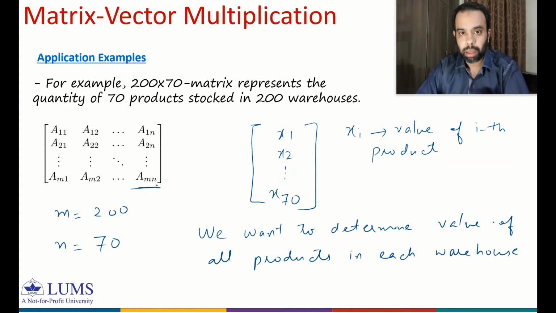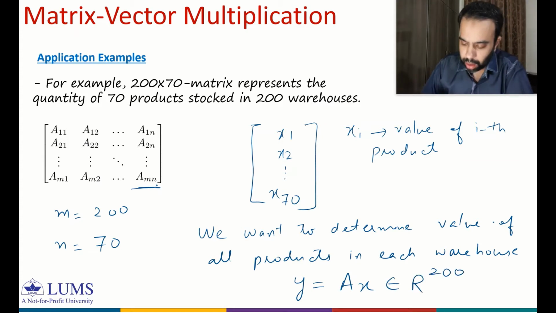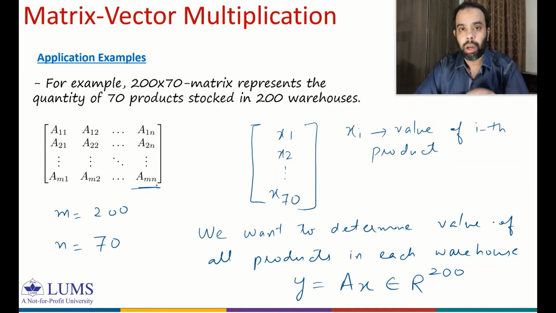And that is in fact a matrix vector product. If we take y equal to Ax, this y belongs to R^200, and each element of y quantifies the value of all the products in that warehouse. Say y3 would denote the value of all the products in the third warehouse, and so on and so forth.